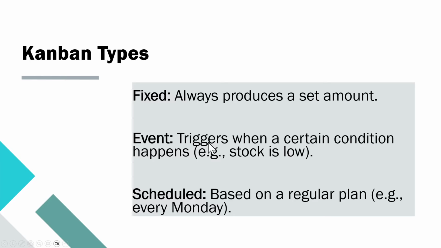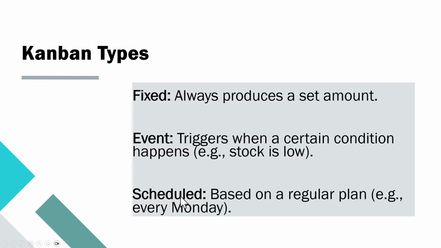The Kanban has three types. Fixed means we will produce a fixed amount of quantity, and this is usually used in make to stock scenarios. And event Kanban will trigger the production or the transfer at certain conditions, like stock is low or a sales order is created, and this is used for make to order scenarios.